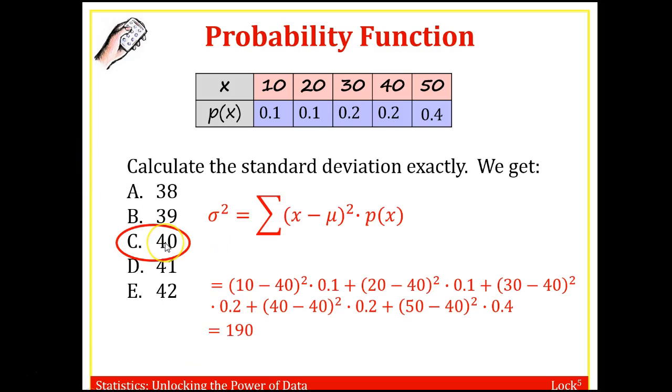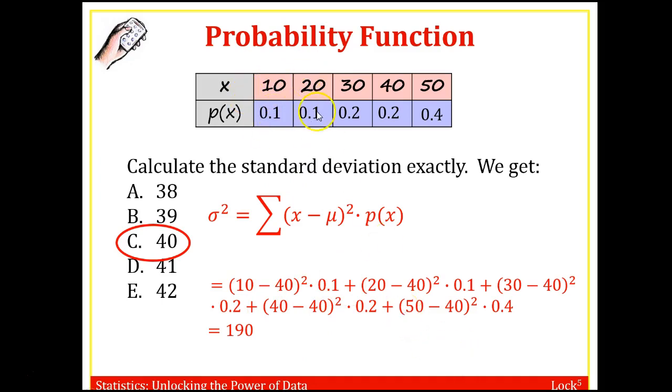Let's see, they get 40. How did they get 40? So, a couple of slides ago, we talked about the mean of this distribution being 40. So looking at this formula, 10 minus 40 squared, that's from the first random variable value, the x value, 10 minus 40 squared, times its probability.